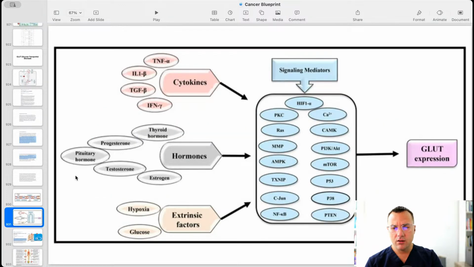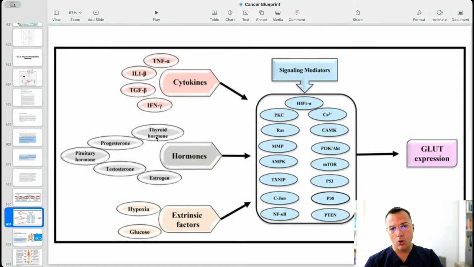And then what I thought was also very fascinating, but also to some degree a little overwhelming, is the amount of various factors that have effects on the expression of these glucose transporters. Looking at it from a very big picture, certain cytokines like interferon gamma, TGF beta, IL-1 beta, TNF alpha, basically inflammatory cytokines, can signal through a mediator of some sort to then turn on GLUT expression.